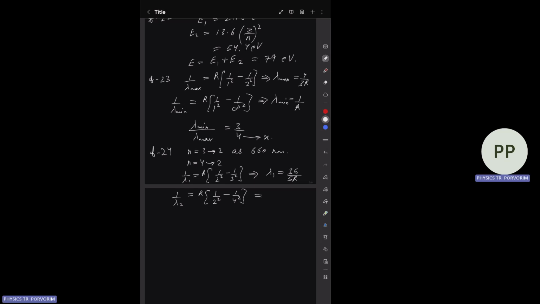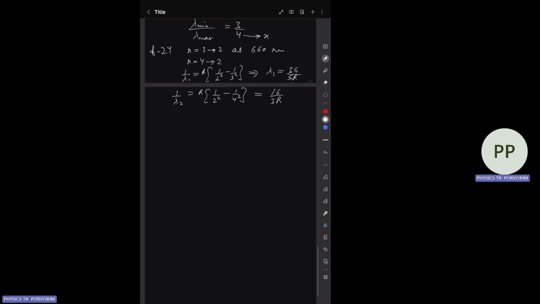It will be 16 by 3R. And when we solve both, by dividing, we'll get lambda 2 approximately equal to 489 nanometer. So this is the correct option. Okay.